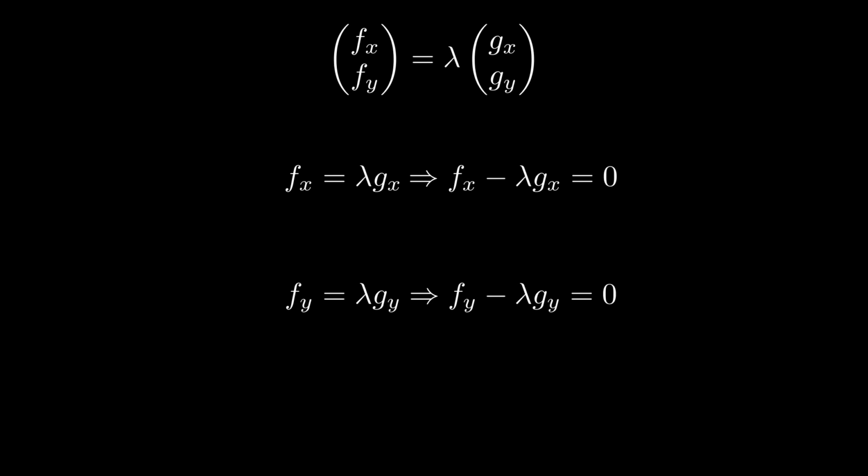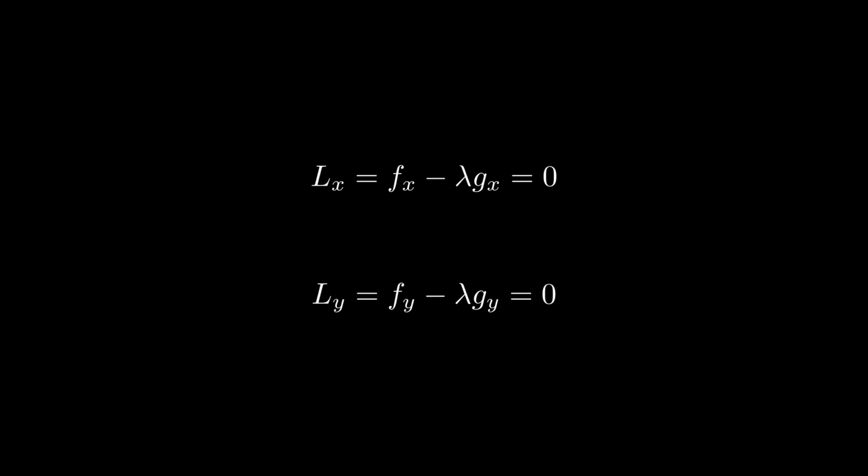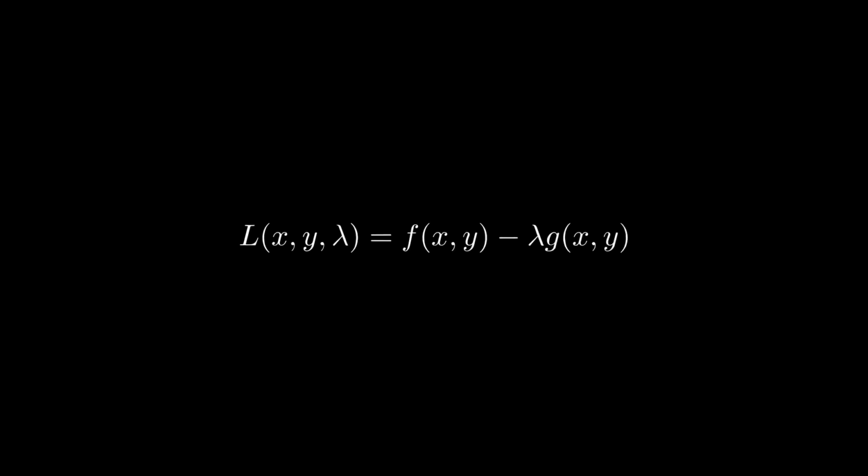As such, we can consider both of them as individual partial derivatives of some greater parent function L. Hence, let's label the first, the partial derivative of L with respect to x, as L of x, and the second similarly as L of y. By reverse engineering these partial derivatives, we can formulate some parent function L, like so.